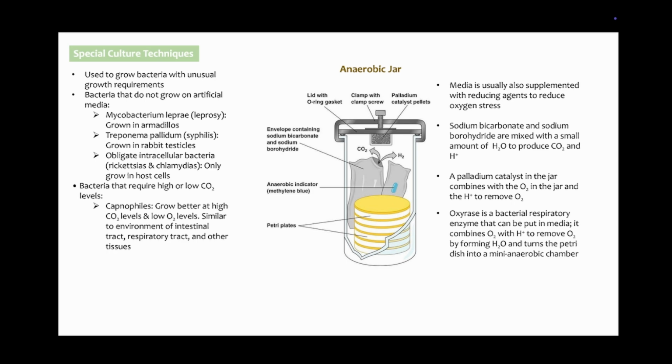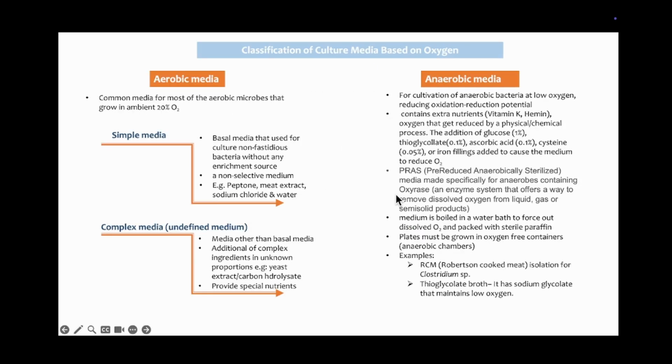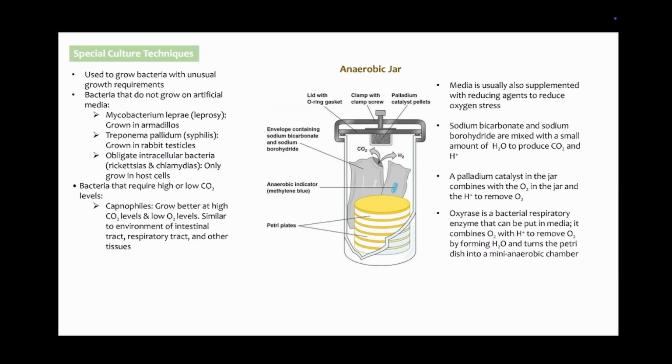So now we have oxyrase, which means in the media there is an enzyme, oxyrase, that takes up the oxygen. Essentially, the plate itself is like an anaerobic chamber. So you can see here, anaerobic jar. It's a jar where it's airtight.